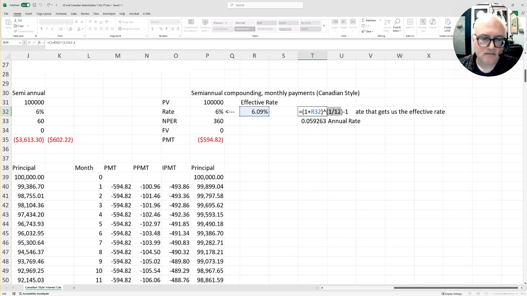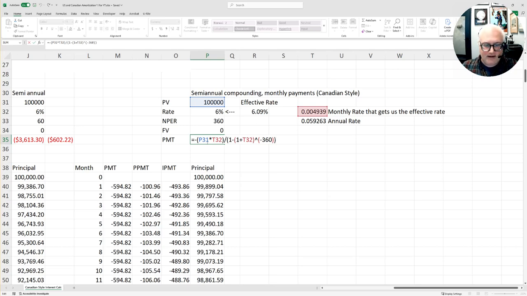Then what we do is we say, well, if this monthly rate is effectively the same as 6.09%, which is the same as the semi-annual compounding, we could do this one of two ways.